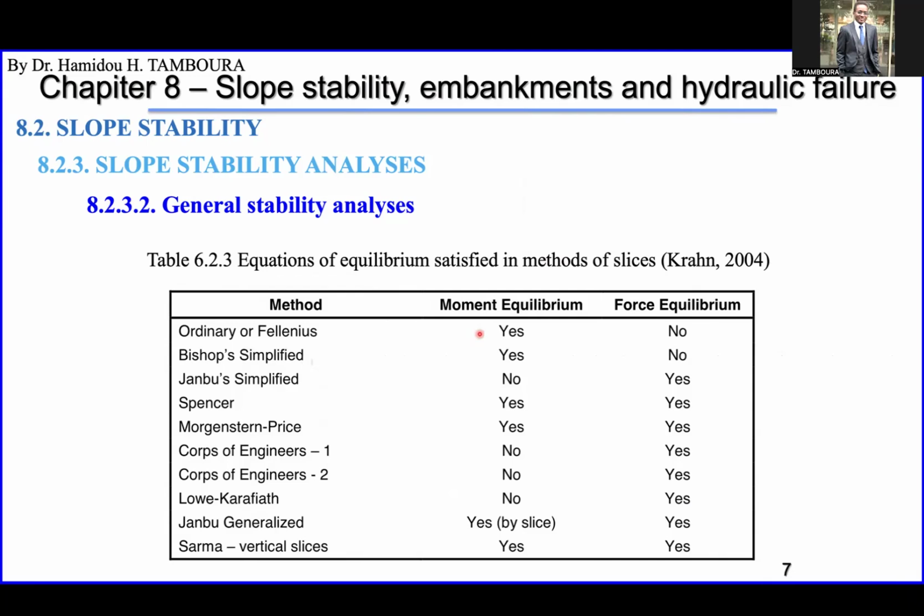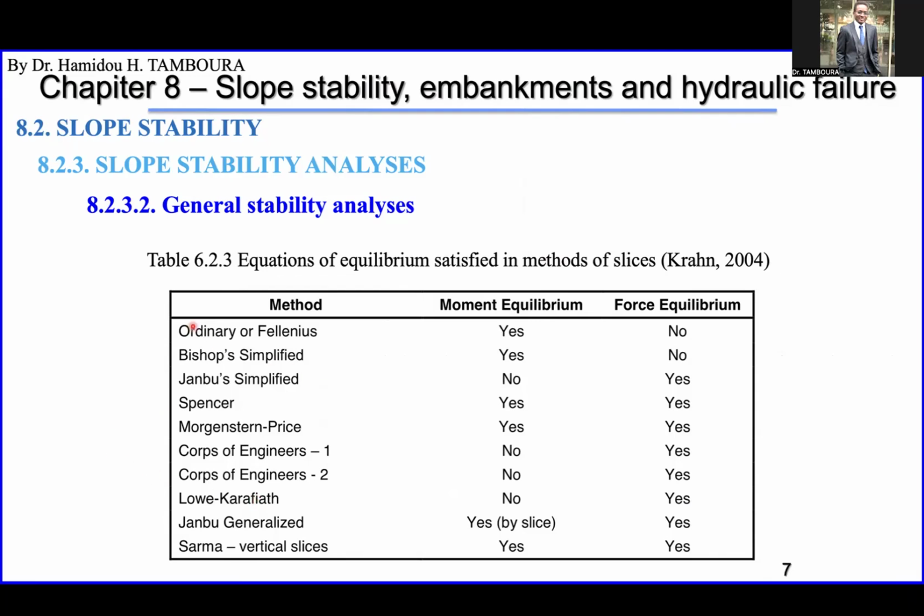Okay, so we need to check two parts: moment equilibrium and force equilibrium. We have to check this because these two are what Eurocode is focusing on. So these are the different methods of analyzing slope stability. There are very many methods.